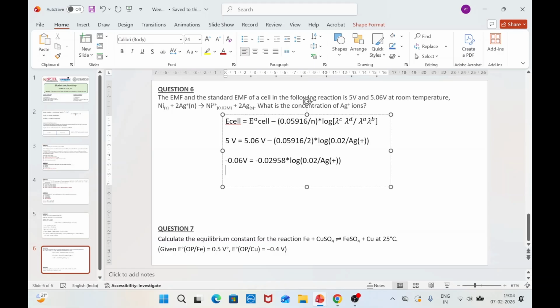Then if you take 0.02958 to the left hand side, you'll have 2.028 equals log of 0.02 by the Ag plus ion concentration.